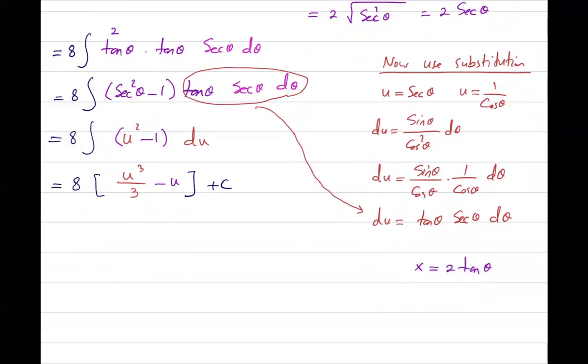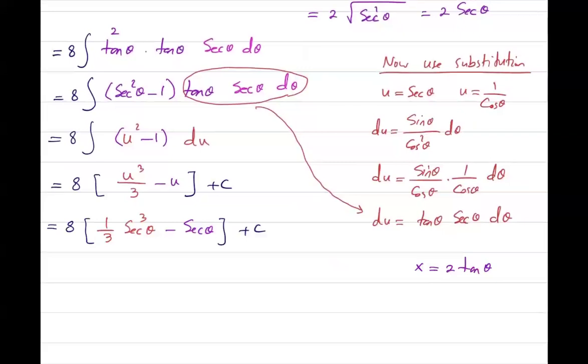So for now, we have the following. This is equal to 8 times, my u is equal to secant theta, so this is a third secant to the third of theta minus u, which is just secant theta, and then plus constant of integration.